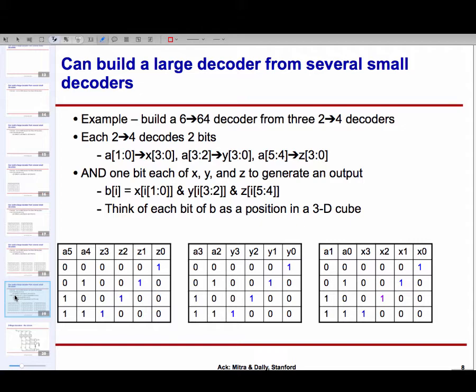Right? So Z0 being high means A4 and A5 was 0. Y0 being high means A2 and A3 was 0. And X0 being high means A0 and A1 are 0. So my input number was 0, 0, 0, 0, 0, 0. So B0 should be high at the output. So B0 is high whenever Z0 is high and Y0 is high and X0 is high. Stands to reason? Okay. When do you think would B1 be high?